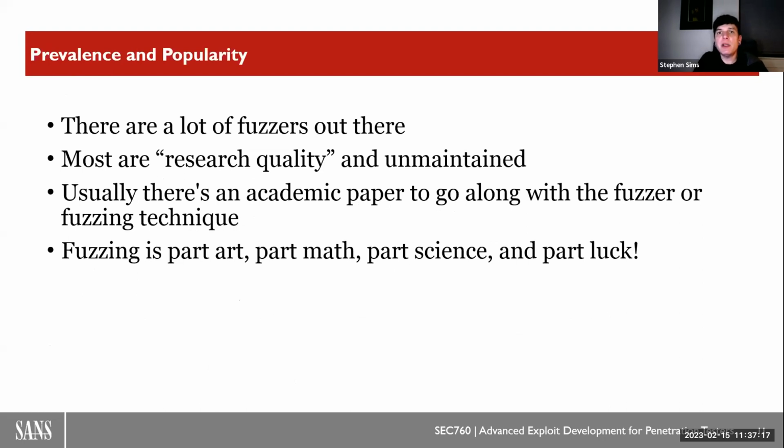Prevalence and popularity, like I said, there's lots of fuzzers out there. Most of them are research quality and unmaintained. The fuzzer that I wrote that does browser fuzzing is a perfect example of that. So many people have written fuzzers that they've never published or that they release once, but they're not maintaining it.